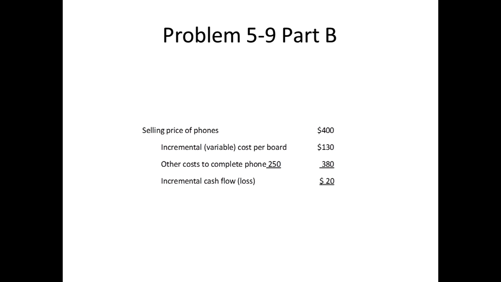At the selling price of the phones of $400 and the incremental cost of the boards of $130, the other costs to complete the phone are $250, resulting in a total cost of $380. The incremental benefit is $20.